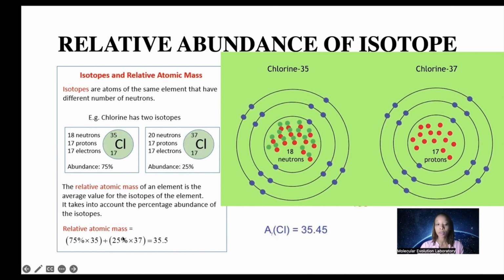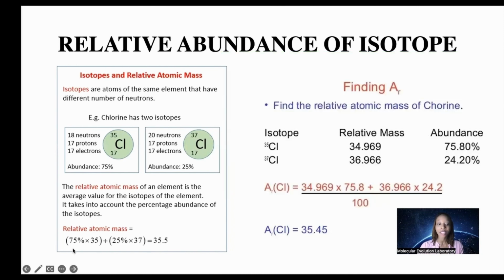So in order to calculate the relative atomic mass, 75% times 35 plus 25% times 37 gives you 35.5. So the relative atomic mass of chlorine is 35.45. And here we can see this is just basically creating emphasis. So the relative atomic mass of chlorine 35 exists at 75% abundance.